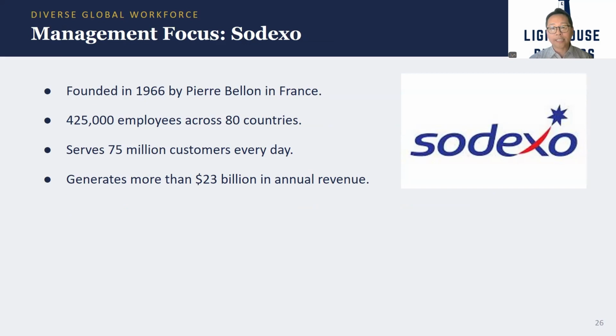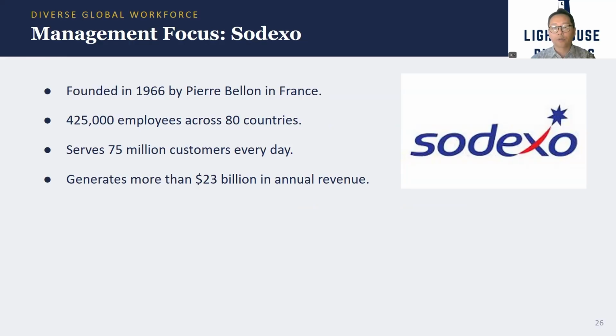Let's look at a detailed real-world diversity case. A company, Sodexo. Sodexo was founded in France in 1966, and it's one of the world's leading providers of quality of life services, including food service, facilities management, and employee benefits.